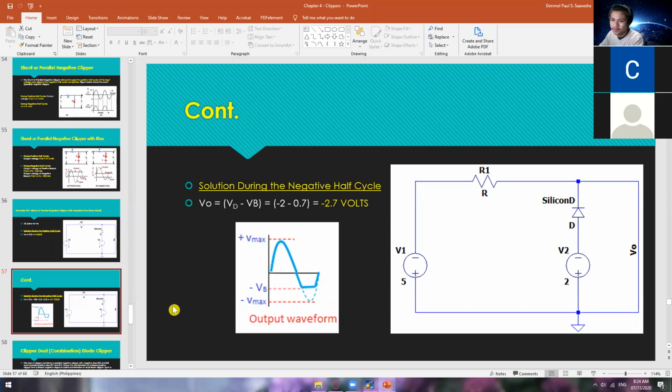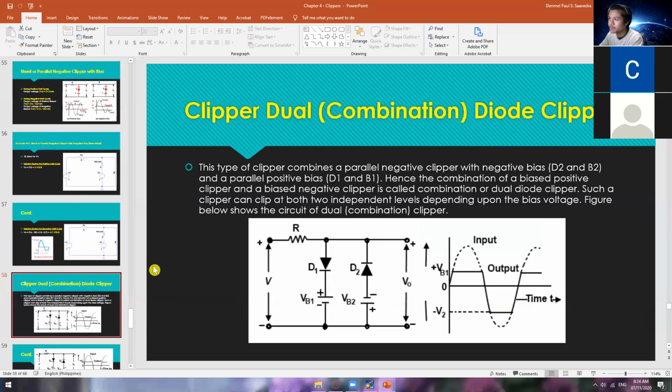We're almost up to the last topic. Actually, this is the last topic already, the clipper dual combination. I'm hoping that you really understand the five types of clippers.